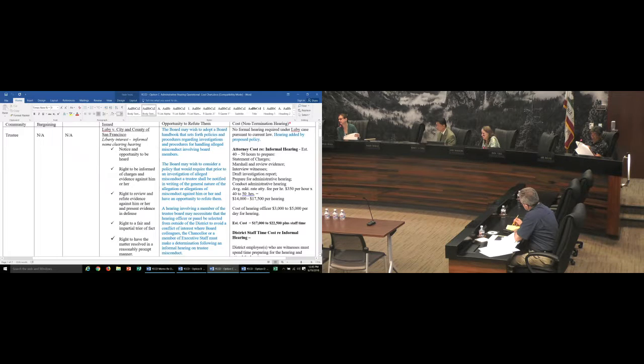And there is usually an exigent circumstance here at the district for putting somebody out on paid administrative leave. That's huge. And it means that we need to remove them and get them out of the workplace as quickly and expeditiously as possible in order to protect the greater community. So giving a lot of notice may not be practical from this standpoint.